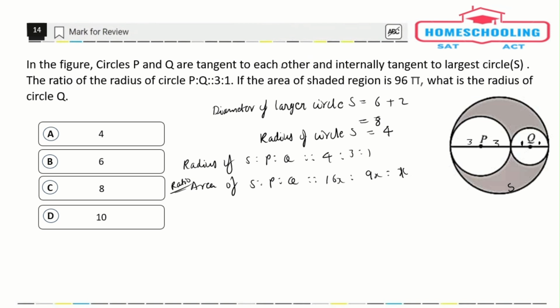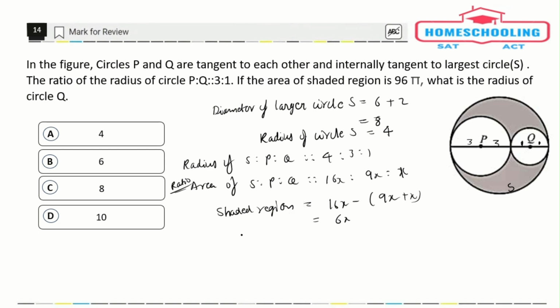The area of the shaded region is 96 pi. The shaded region is the larger circle minus these two small circles. So 16x minus 9x plus x. 9x plus x would be 10x, so 16x minus 10x would be 6x.